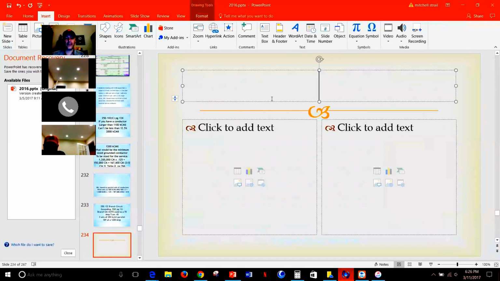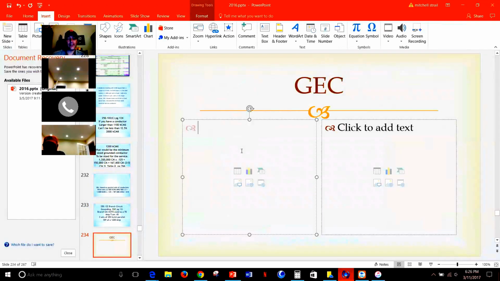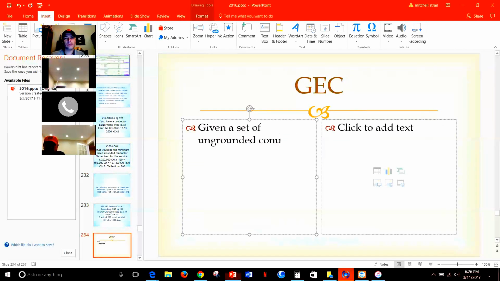So if we had a ground electrode conductor, and they were asking us, given a set of ungrounded conductors sized as 3-aught aluminum, what size minimum grounding electrode conductor would we need?